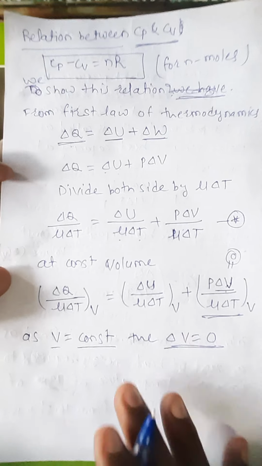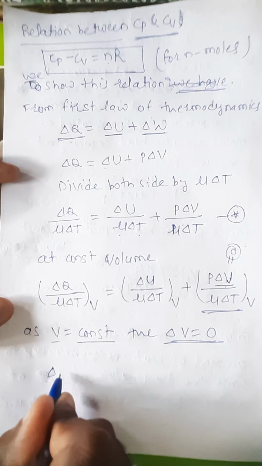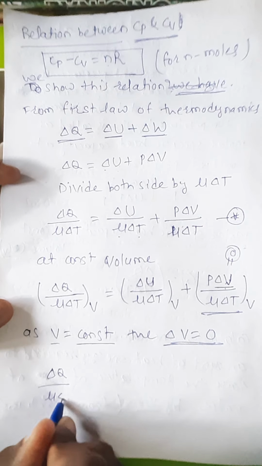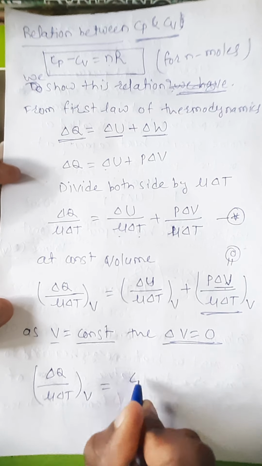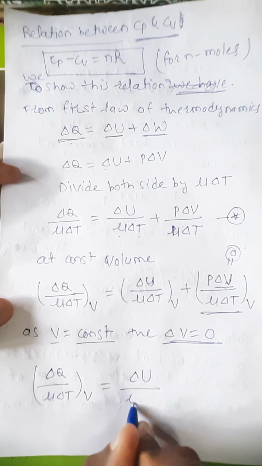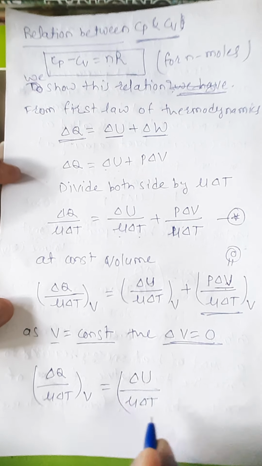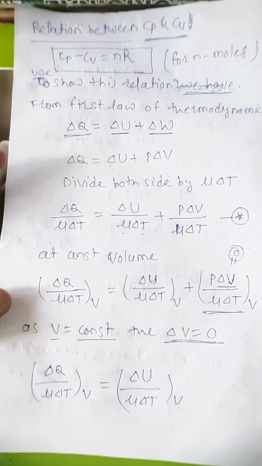Therefore the second part is equal to 0, so delta Q by mu into delta T at constant volume is equal to delta U divided by mu into delta T at constant volume.